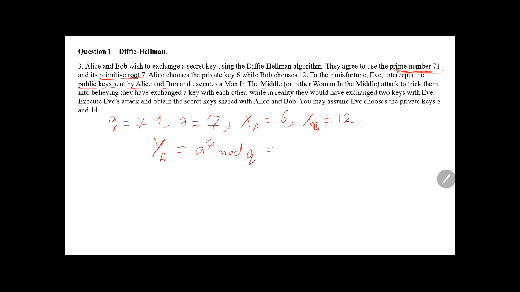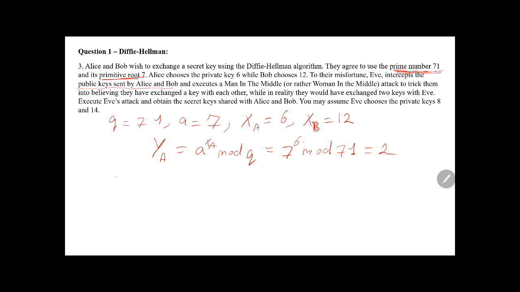This is equal to 7, which is A, power 6, because 6 is Alice's private key, modulus Q, which is 71. And this is equal to 2.